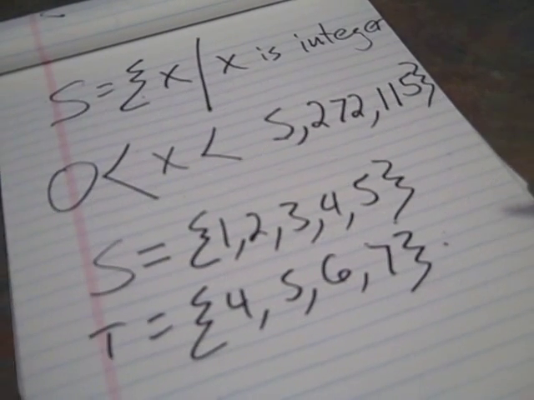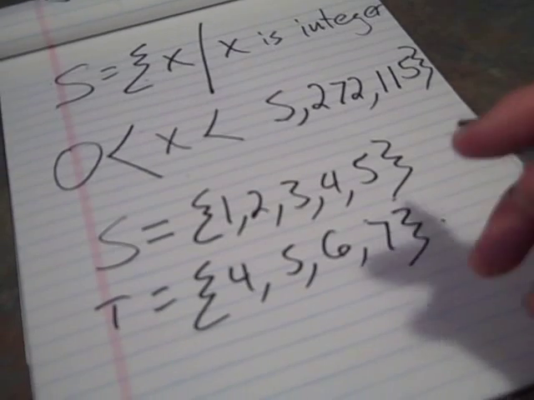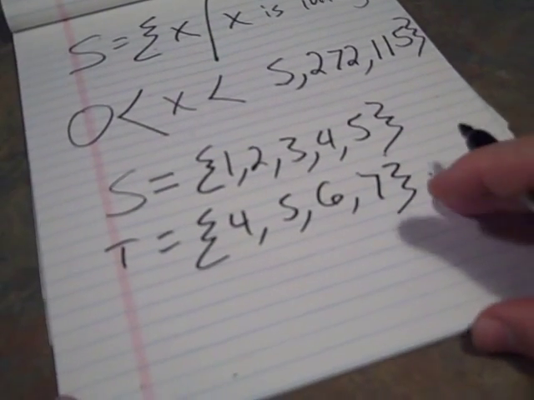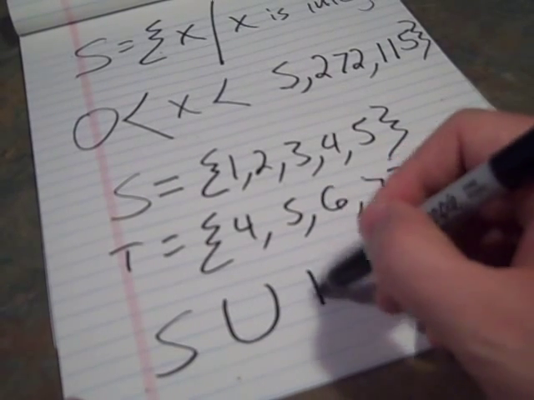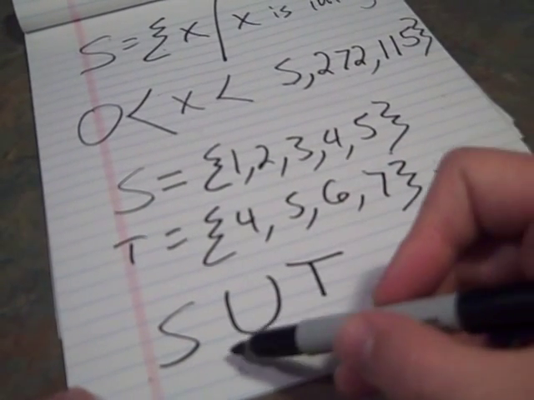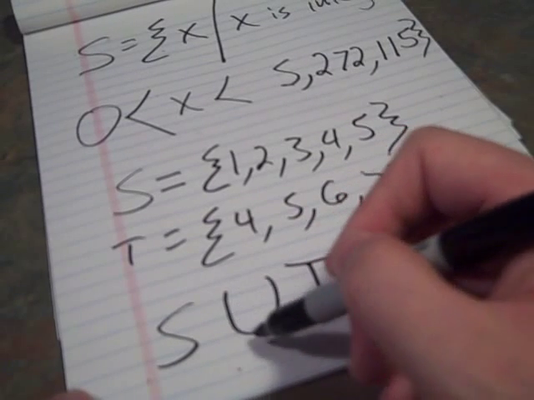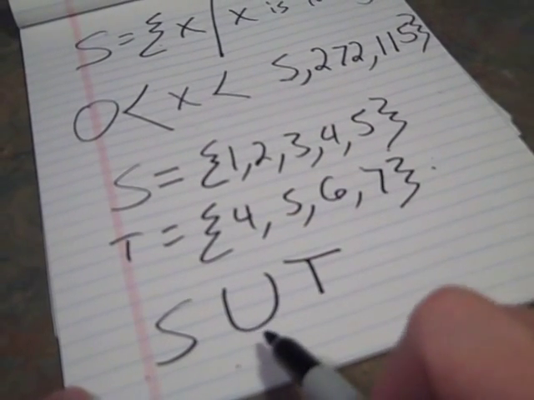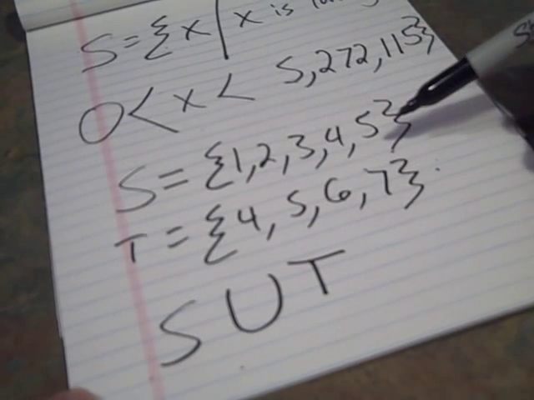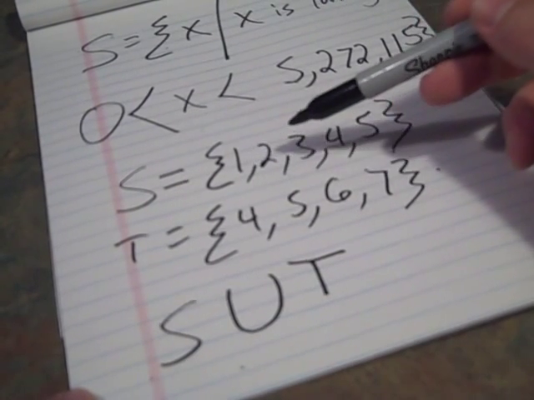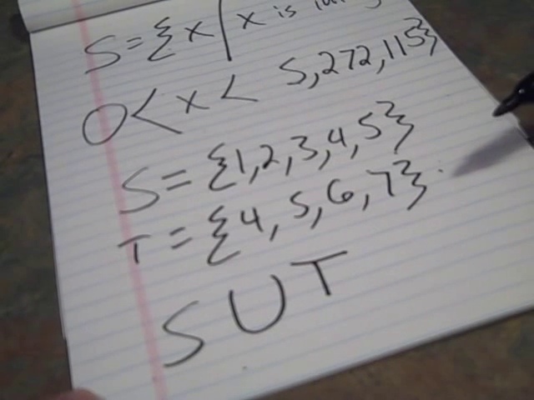Right? Well, you could say that S union T is the union. This is the union operator, right? It means just tell me all the ones that are elements of both of these, right?